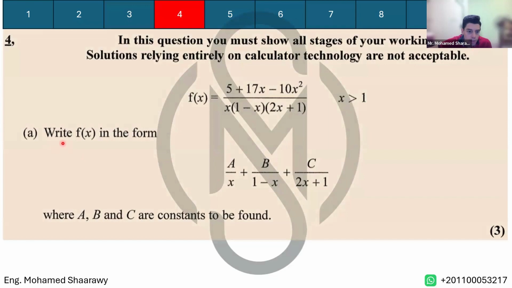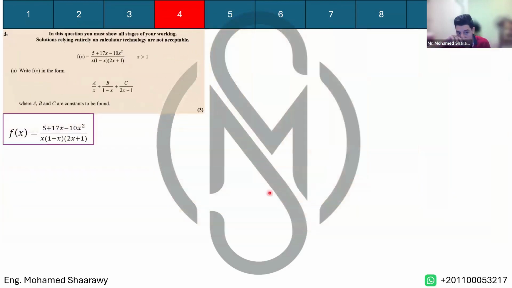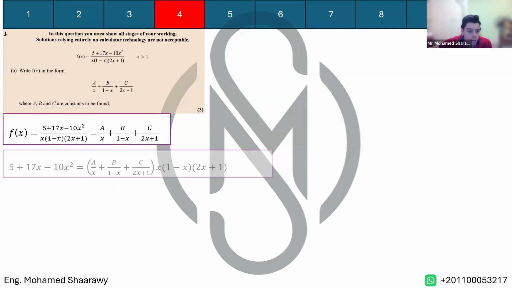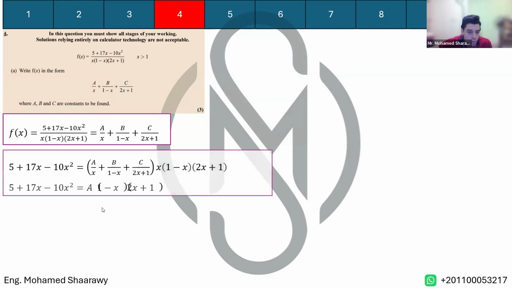Okay, now write f of x in the form of a partial fraction. Okay, this is easy. So this is the function, and you want it in this form. So let me first multiply both sides by this denominator. Let me then expand this. So a over x multiplied by those, so x will cancel out, and I will be left with 1 minus x and 2x plus 1.